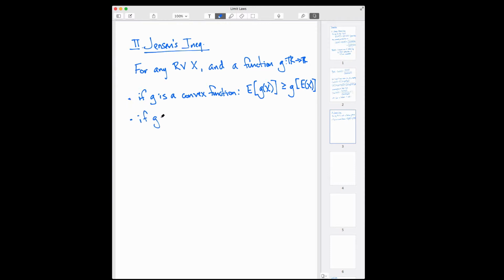If g is a concave function, then we'll see the reverse, that the expected value of g of x is less than or equal to the function of the expected value of x.